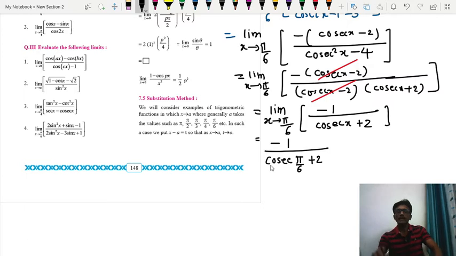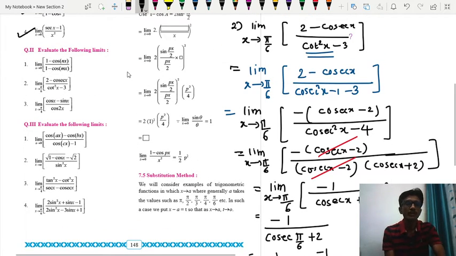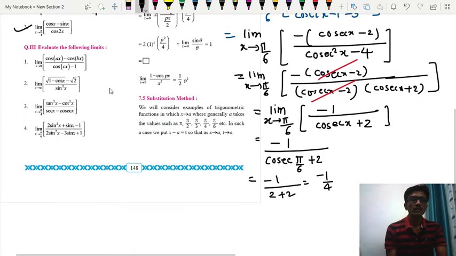Now sin pi by 6, sin 30 degrees is 1 by 2, so cosec 30 degrees is what? 2. So it is minus of 1 upon (2 plus 2), it is minus of 1 by 4 is the answer. So the answer of this question is minus of 1 by 4. We attempt the next question now. Limit x tends to pi by 4.